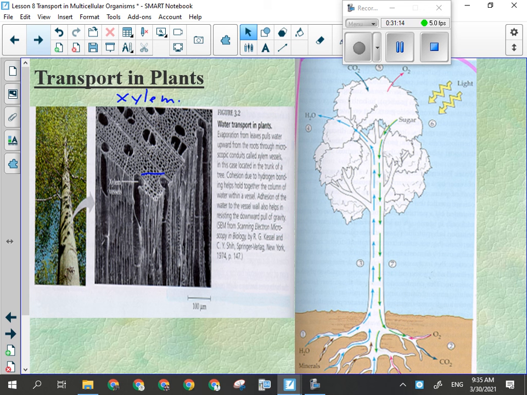These tubes have to be able to support a column of water that could be 100 or more meters tall without letting it fall back down, using only the polar nature of water. Okay, adhesion and cohesion. All right, so the tubes have to be microscopic. Think about it this way.